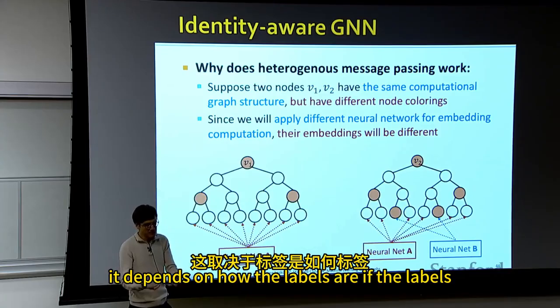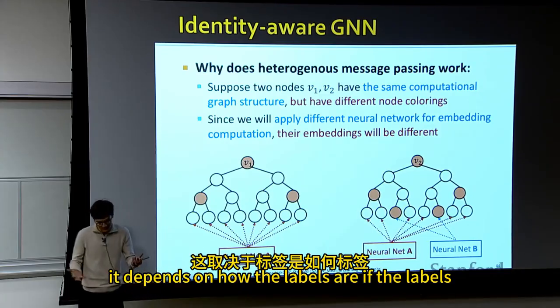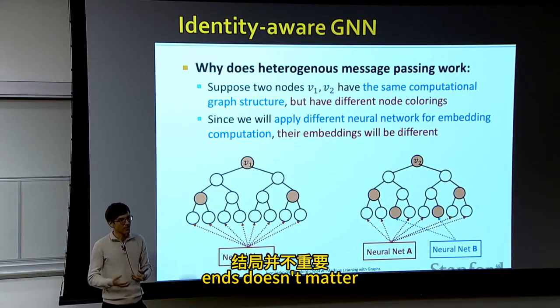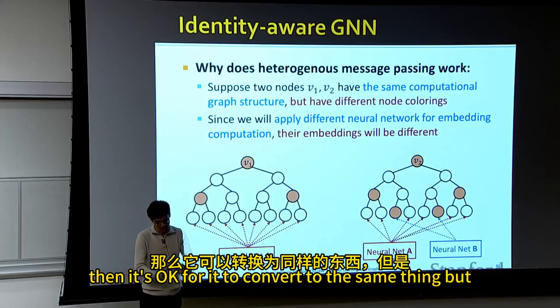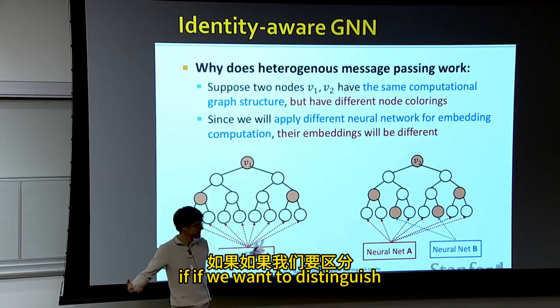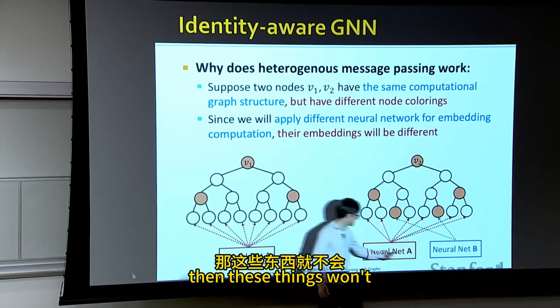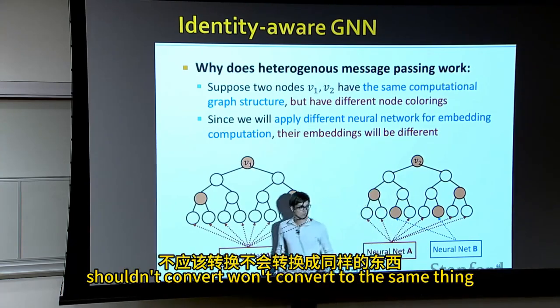So it depends on how the labels are. If the labels are such that the cycle length doesn't matter, then it's okay for it to converge to the same thing. But if we want to distinguish, then these things won't converge to the same thing.